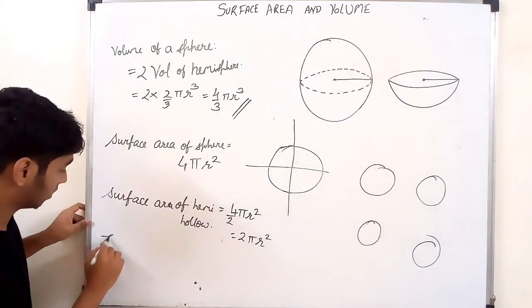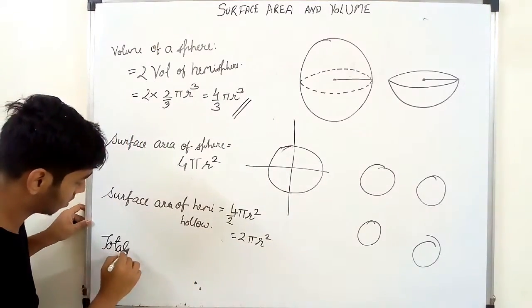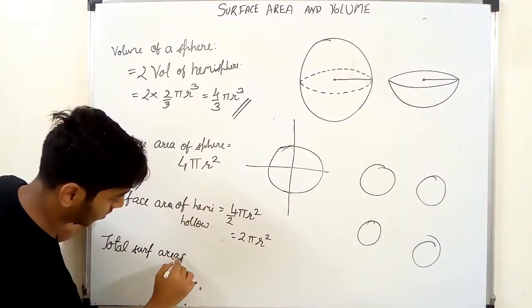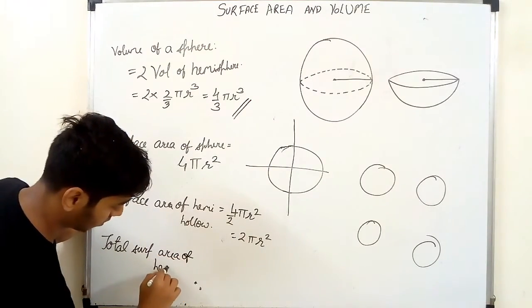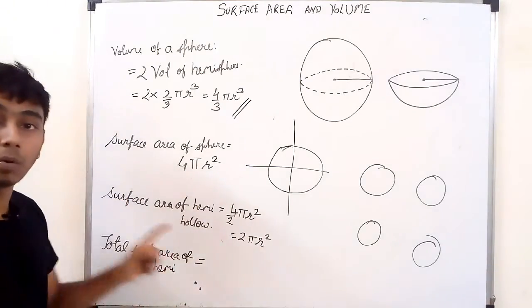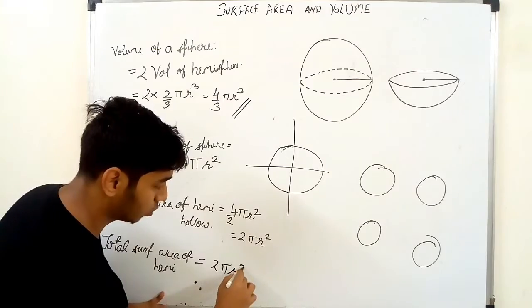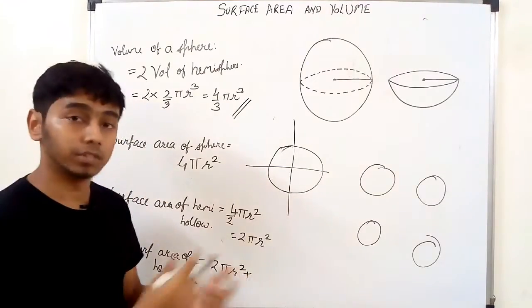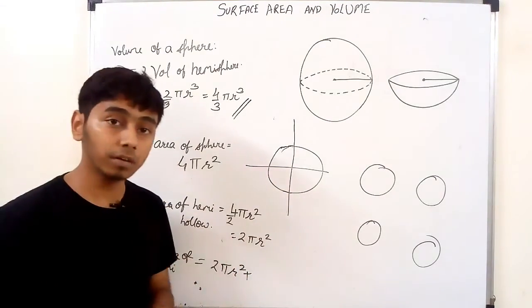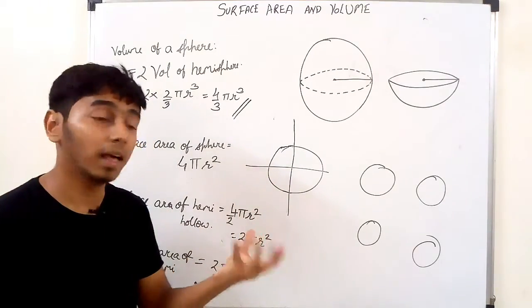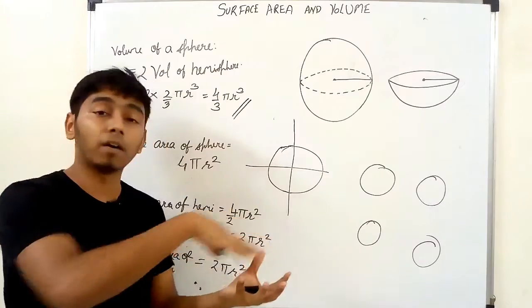So we'll say total surface area of hemisphere will be 2 pi r square, which is the surface area of the hollow hemisphere, plus the above surface.